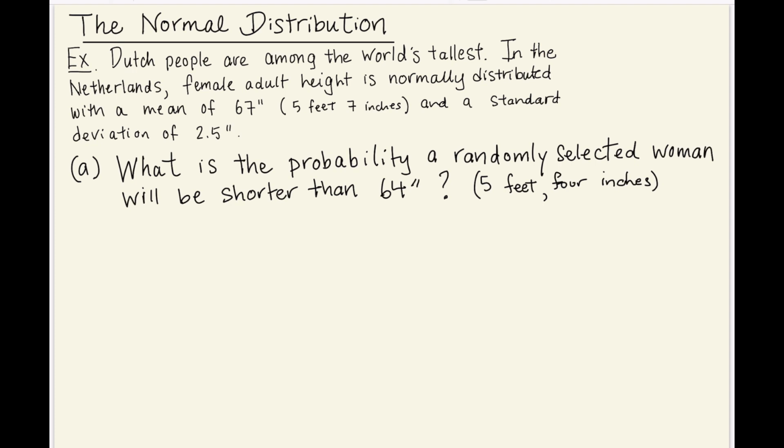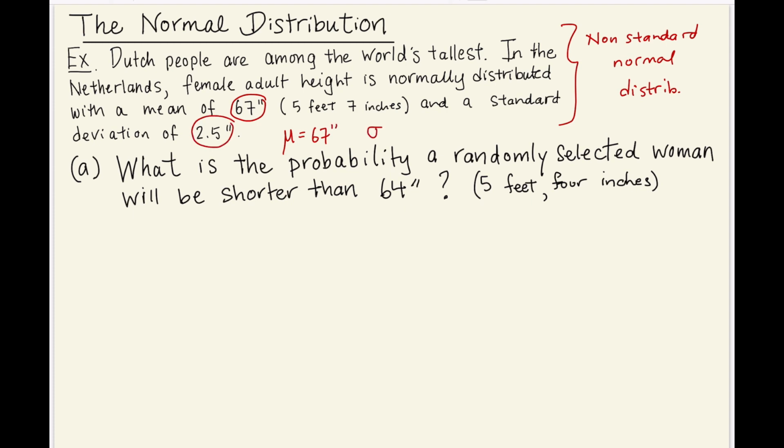So the first thing to note is this is actually what we call a non-standard normal distribution. So I will be computing z-scores, okay? And we are told here that the mean is 67 inches, so I'm going to write mu is 67 inches, and the standard deviation is 2.5 inches.